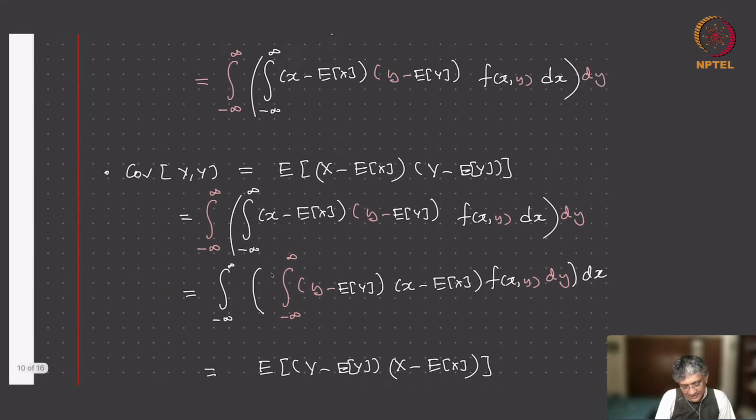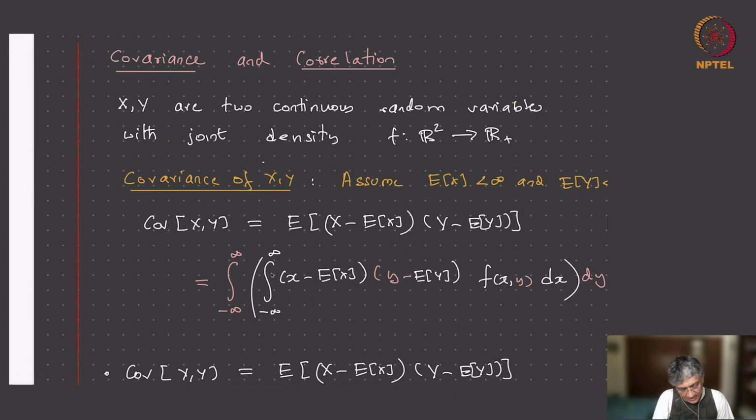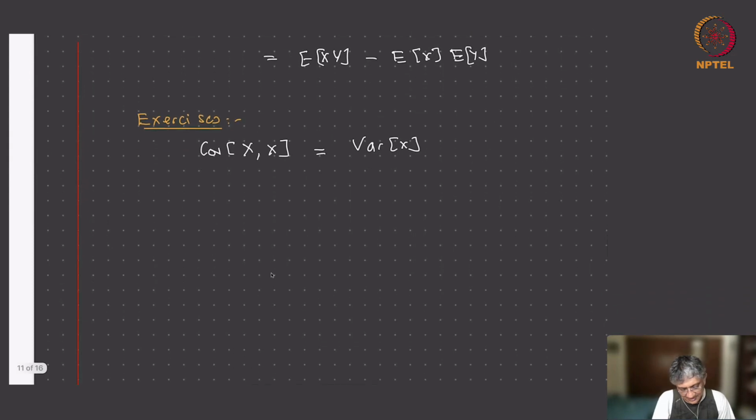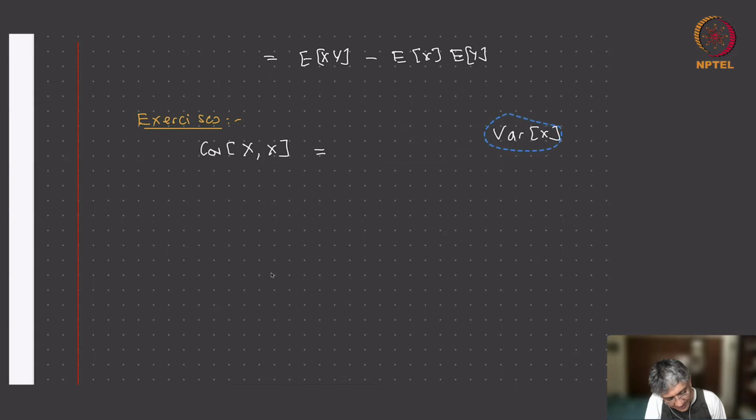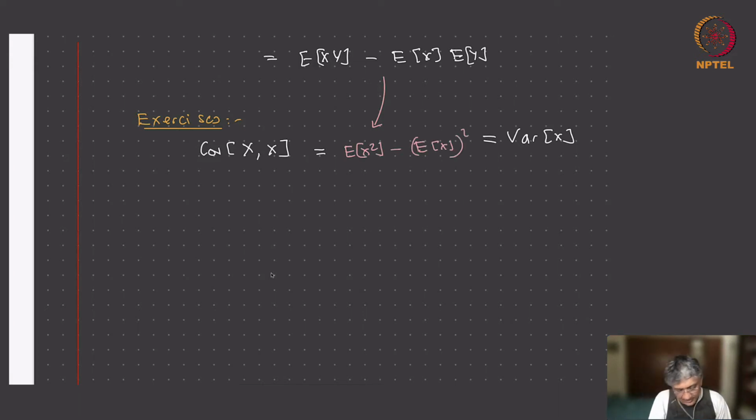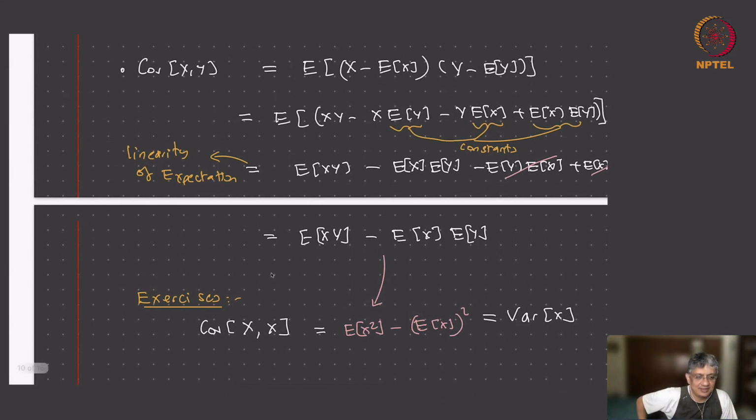If you go to the formula right here, covariance of xy is just going to be e of x minus e of x times y minus e of y, and if y is equal to x, I get this whole squared, and that's just variance of x. So maybe I'll write this down like this. From this step, if I come down, I'll get e of x squared minus e of x the whole square, right? Because I know covariance of xy is just this person, and that's equal to variance of x.